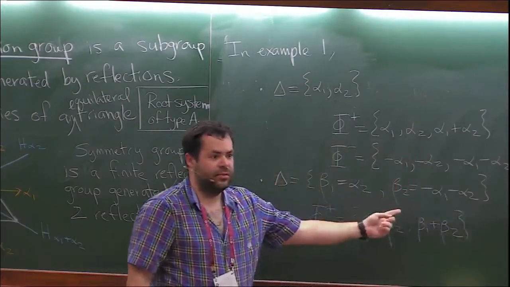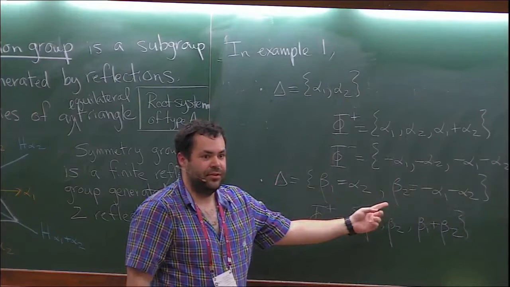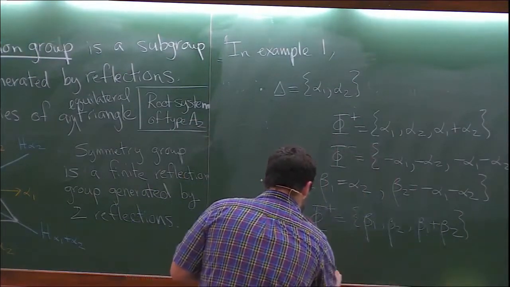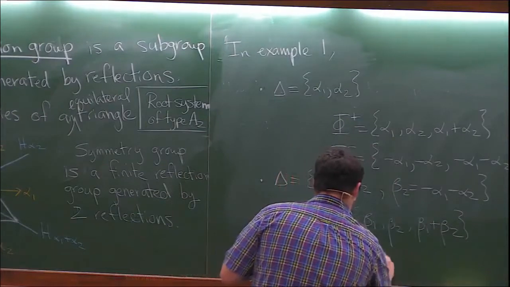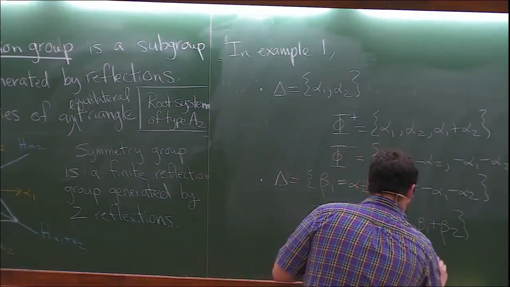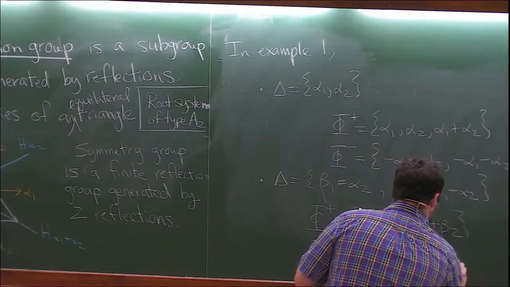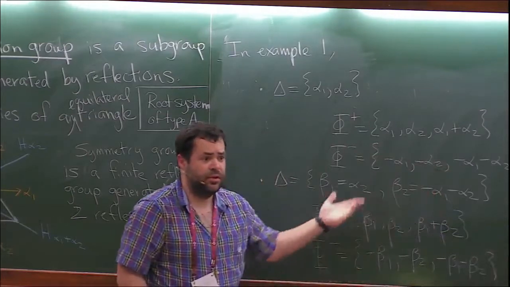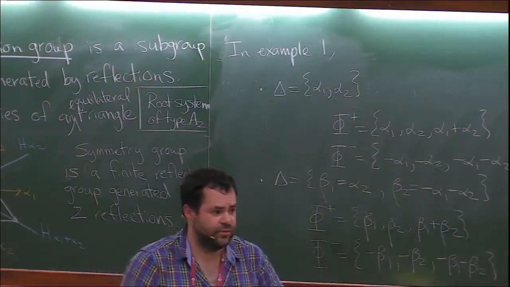And for the negative roots: negative beta 1, negative beta 2, and negative beta 1 minus beta 2. So these coefficients are the same, even though I've picked different simple systems.